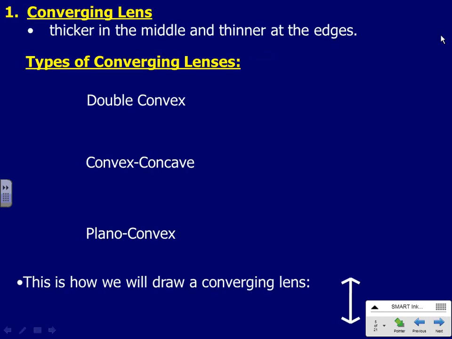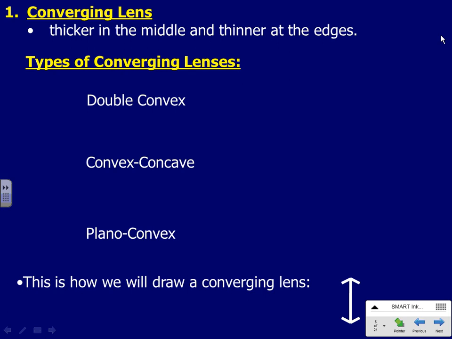So let's first talk about converging lenses. I'm going to draw examples of these different types of converging lenses right in the space here. I'm going to do that when you get down to here, so I'm watching what you're writing. But you'll notice in every picture that I draw that these lenses are thicker near the middle and thinner near the edges.